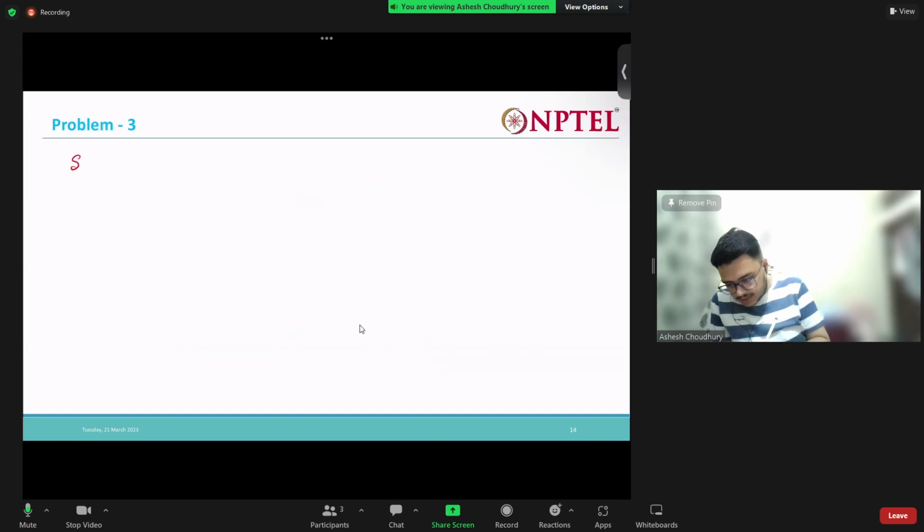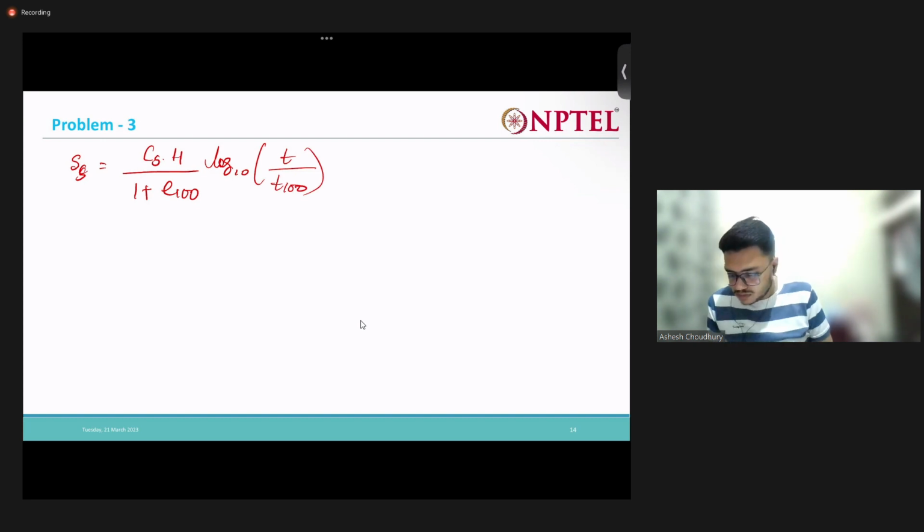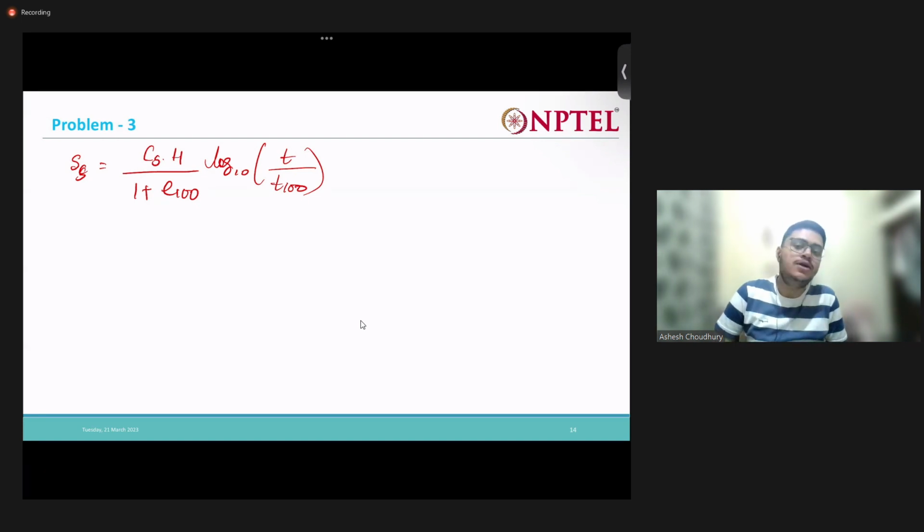Secondary settlement, what is secondary settlement? CSH by 1 plus E100. This E100 is actually the void ratio at the end of my primary consolidation stage.